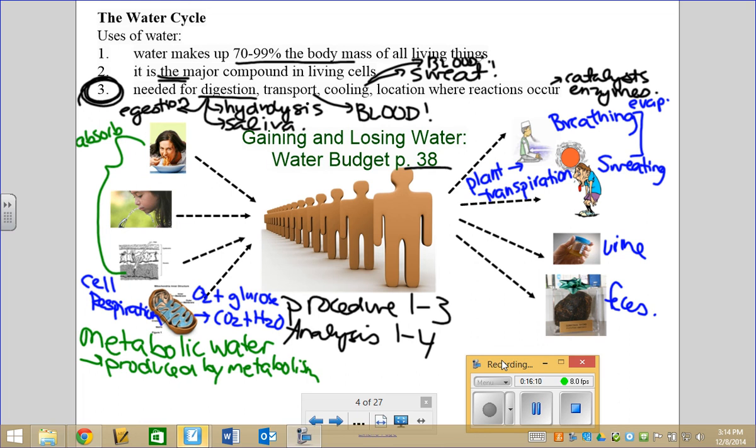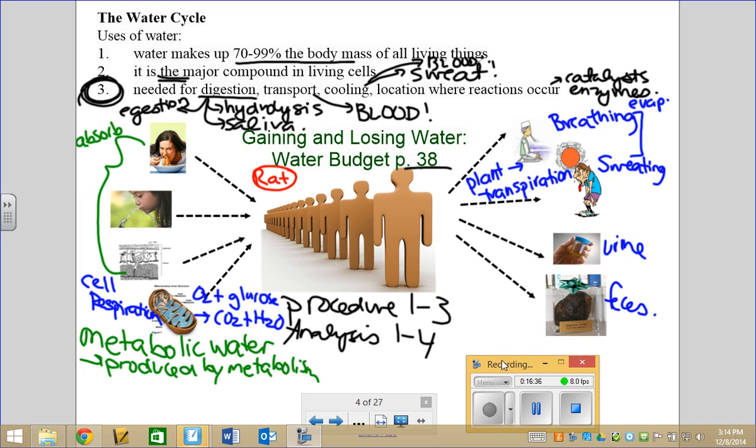And so knowing these general ways that you gain and lose water is one thing. Then the questions ask you to compare the percentages. So if I take a look at a kangaroo rat, we'll do the kangaroo rat in red. A kangaroo rat lives in a really dry environment and it doesn't intake a lot of water.